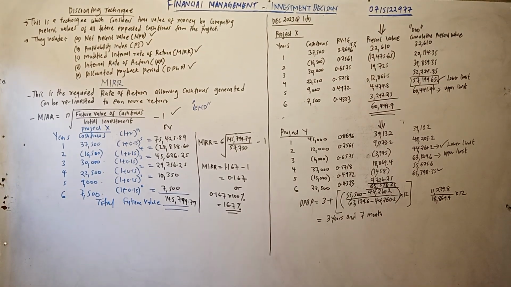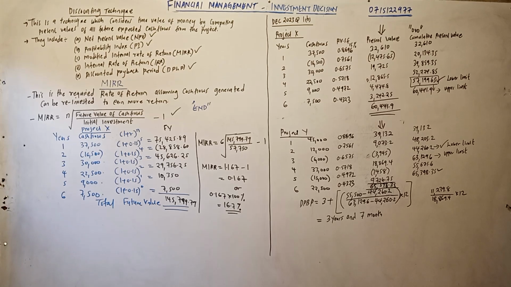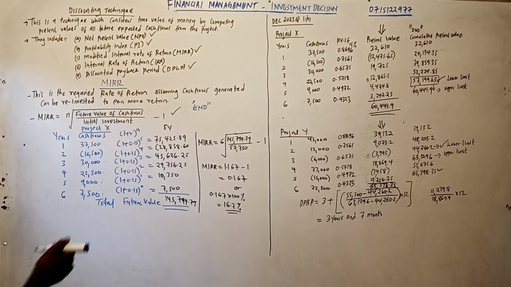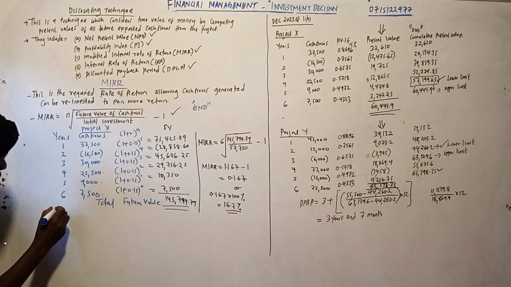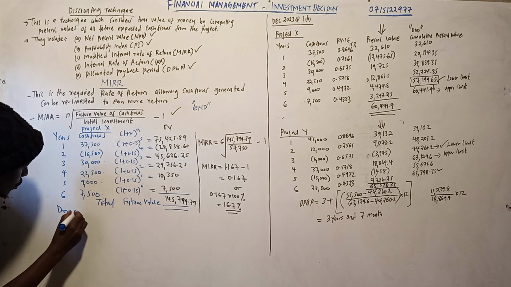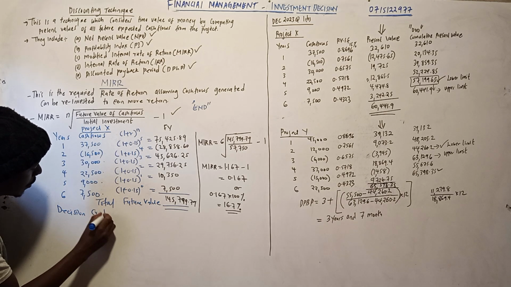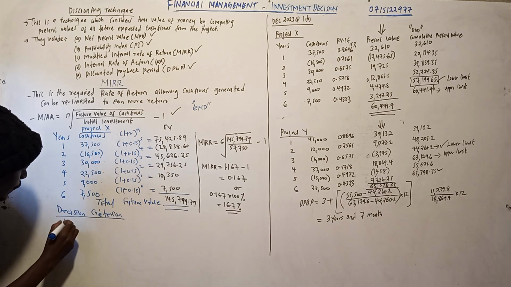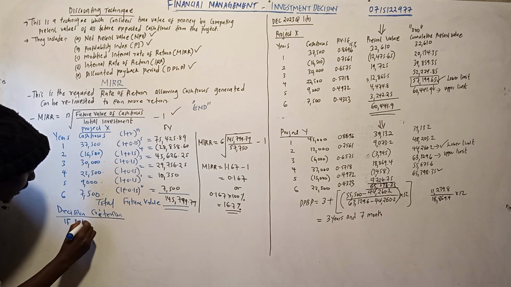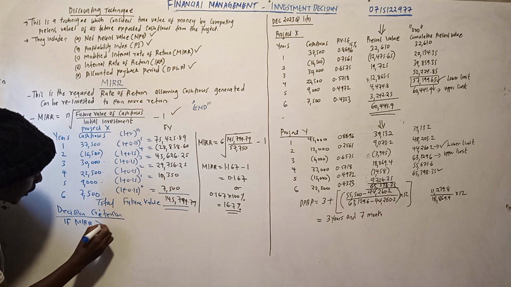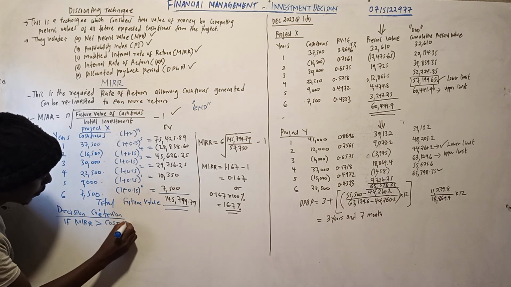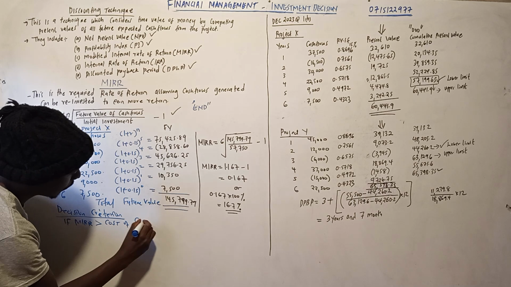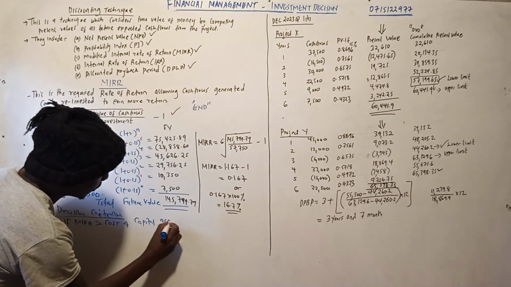Now, decision criteria. So we need to know the decision criteria. We have got 16.7%. Decision criterion: if MIRR is greater than the cost of capital, accept.